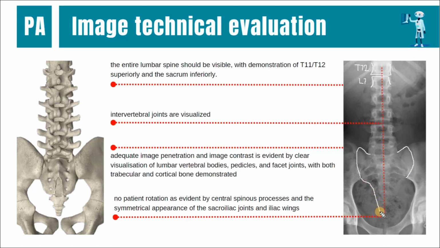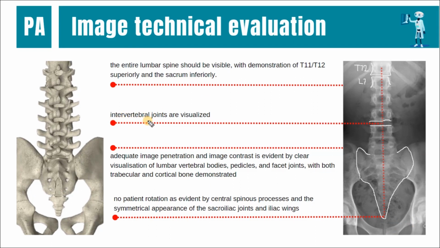As we go further, this is the coccyx area. If the request is lumbosacral spine, you need to include the whole sacrum and the inferior part of the coccyx. But in case it's only the lumbar spine, maybe till this area is enough. You don't need to include the coccyx. Also you can put shields for the gonads for more protection.